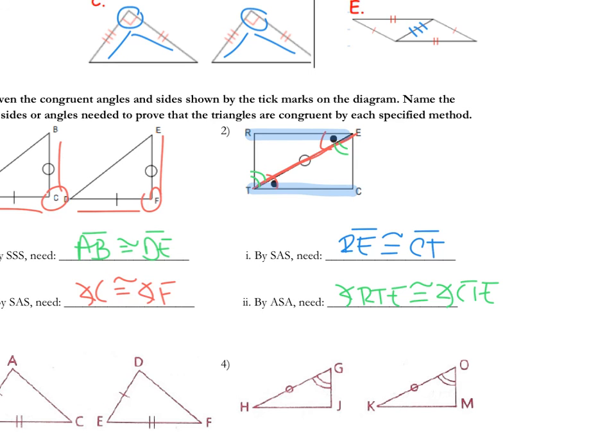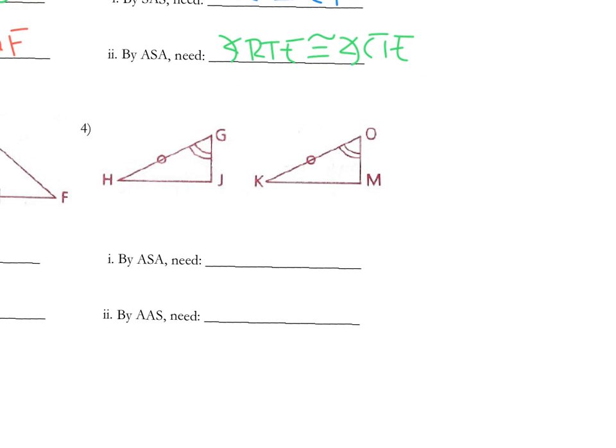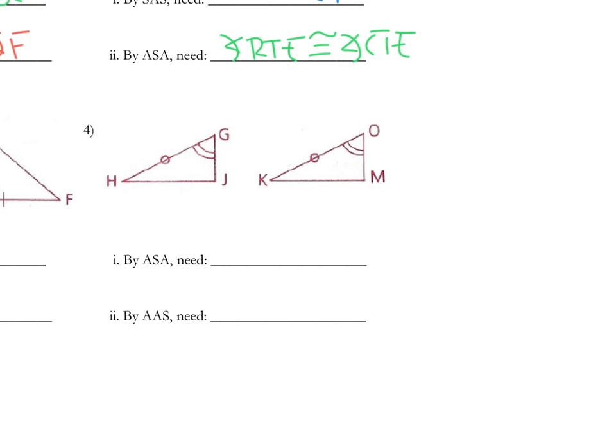Okay, let's do one more example. Let's go down to this one, because this, like I said, is the one sometimes that we forget which one's included and which one's not included. So angle, side, angle, that means the side needs to be in the middle. So I have angle here and angle here. This is my side.